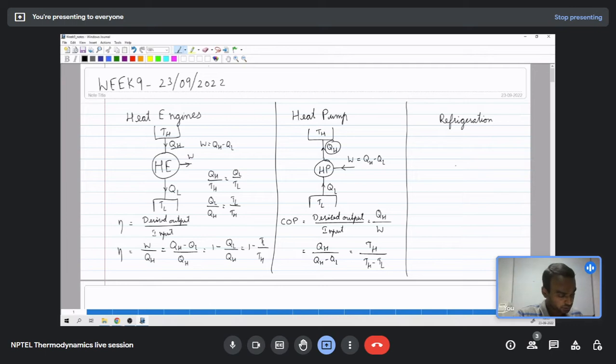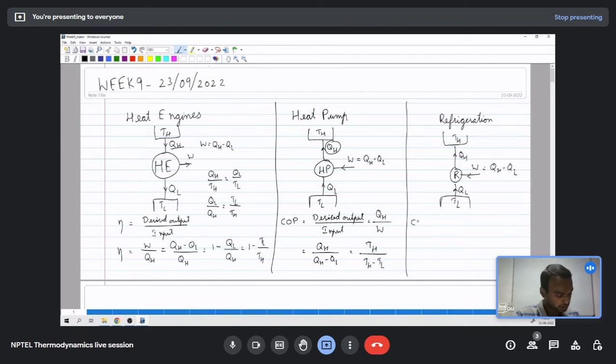Similarly, for a refrigeration system operating between two temperature reservoirs TH and TL, the desired output is the heat that is taken away from the low temperature reservoir, represented by QL, and the work transfer is again QH minus QL.